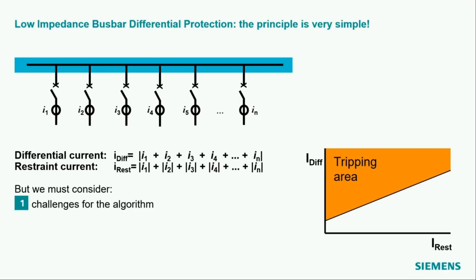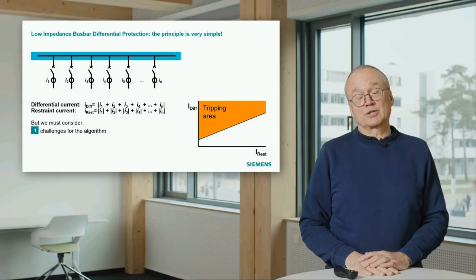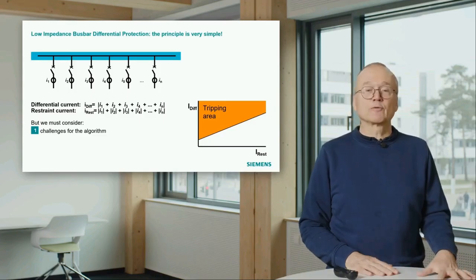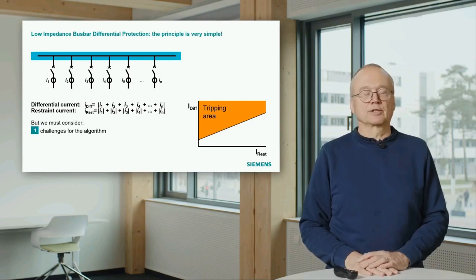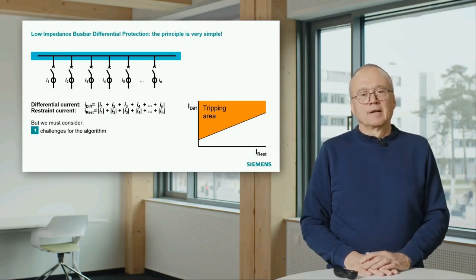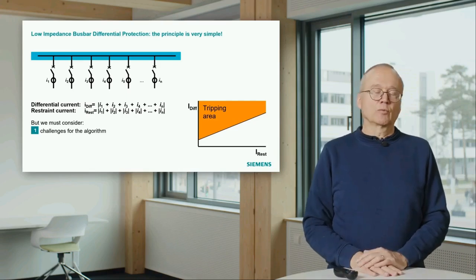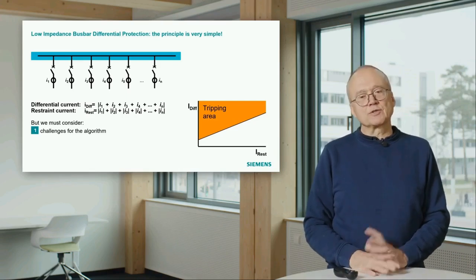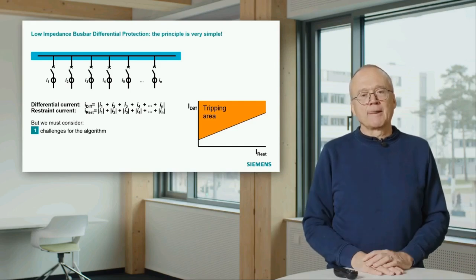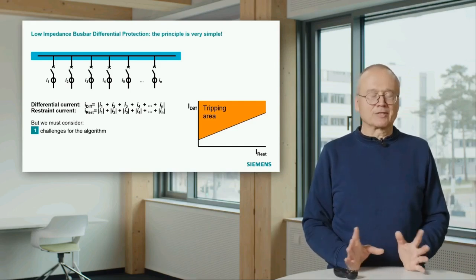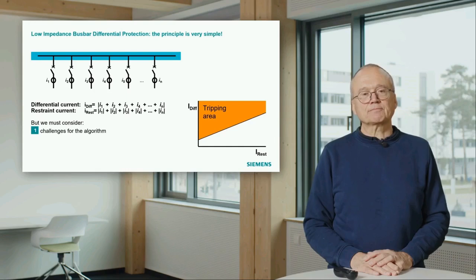And the point with busbar protection is, if you have a wrong operation in line protection, it's not good. Your boss maybe will ask you a few questions. You lose one line, but normally it's not such a critical thing.